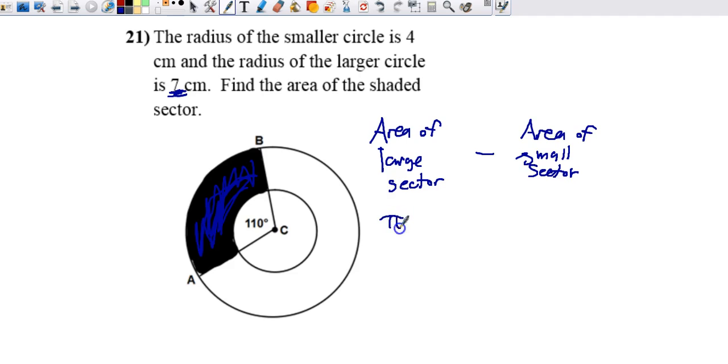So the large one has a radius of 7. So it's pi times 7 squared. The degree is 110, that's going to stay the same. And then the small one is going to have a radius of 4. So we're going to subtract this out.